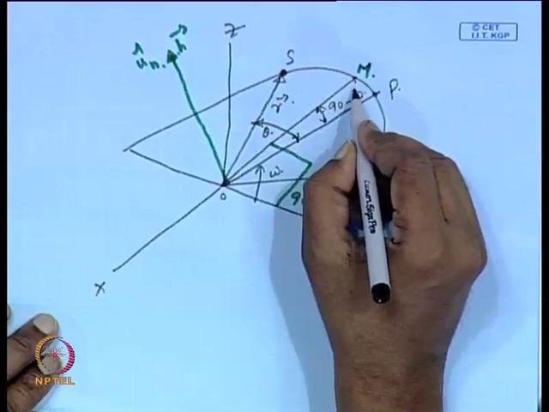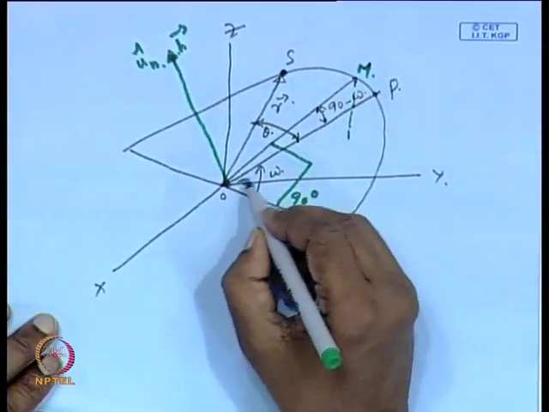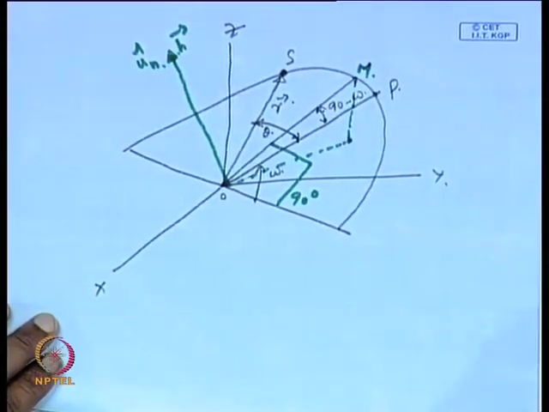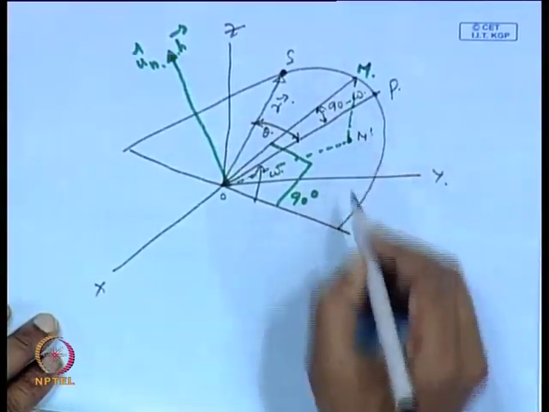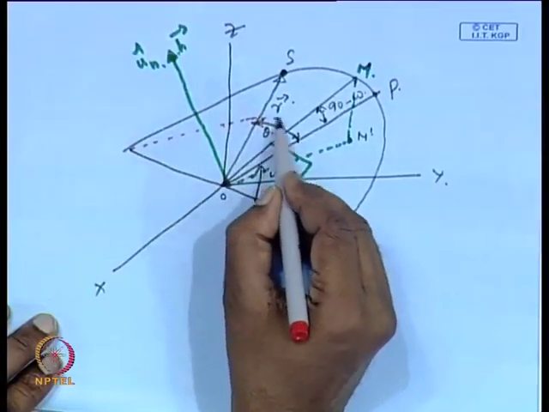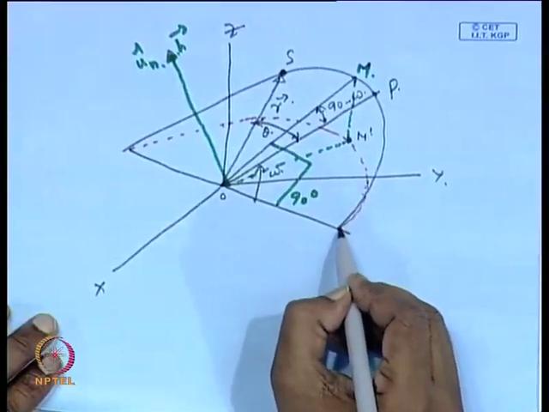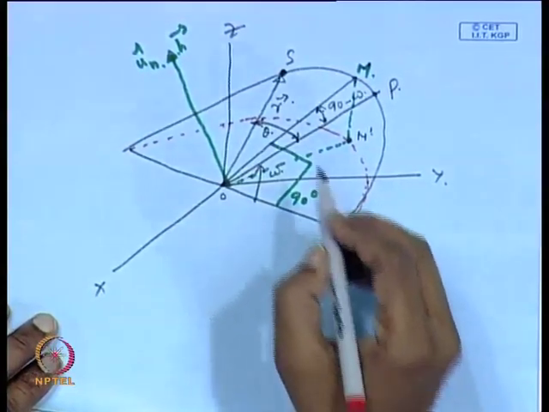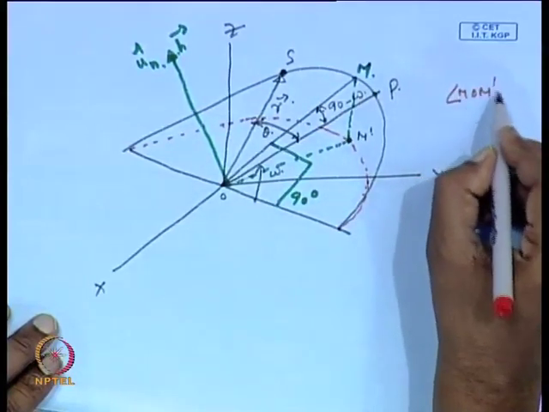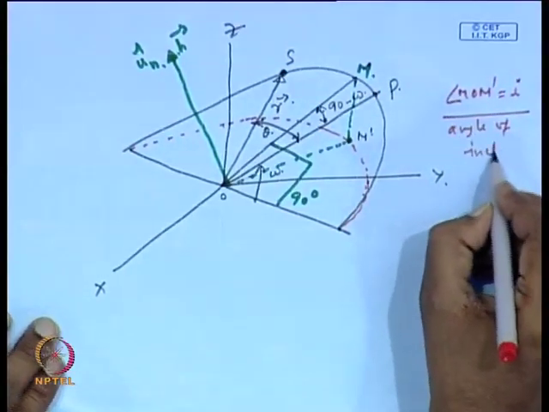Now, the projection of point M on the x y plane we show like this. This is our M prime, and we can connect them. The projection of the orbit we can show in this way. The angle M O M prime is nothing but I, the angle of inclination.